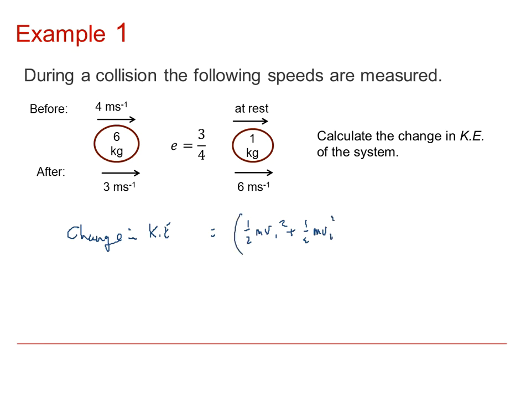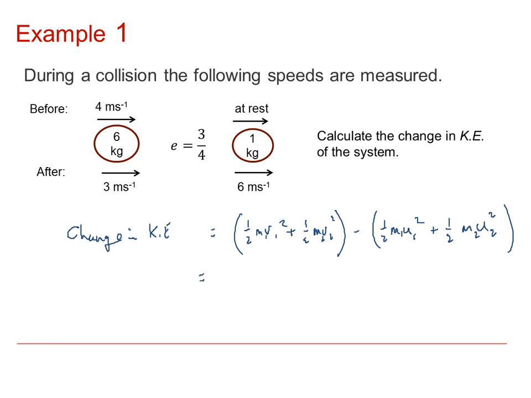So that's the kinetic energy after the impact, minus 1/2 m1 u1 squared plus 1/2 m2 u2 squared. There should be indices on the masses there as well, m1 and m2. So we've got the total energy after the impact minus the energy before the impact.